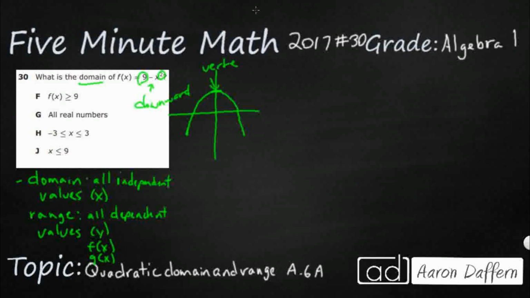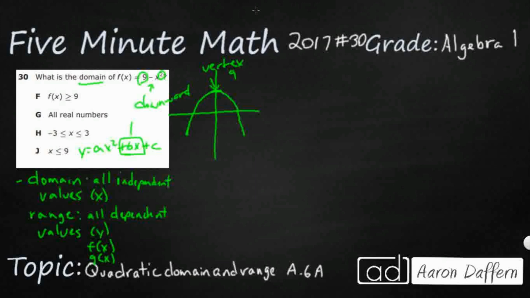The reason we know that is because the standard form is y equals ax squared plus bx plus c. We don't have a bx right here, we just have an ax squared, that's negative 1x squared, and then we have a plus c, which is 9.